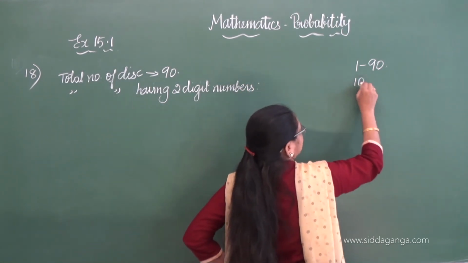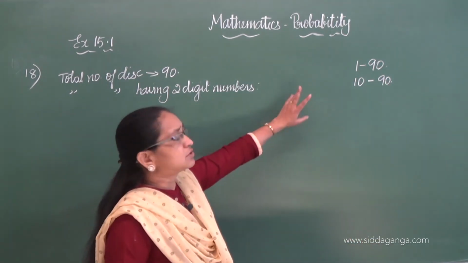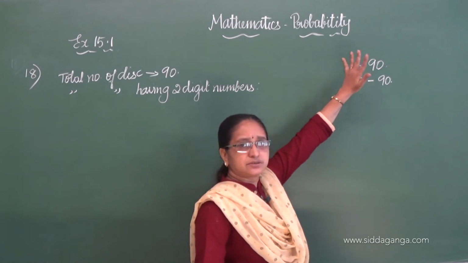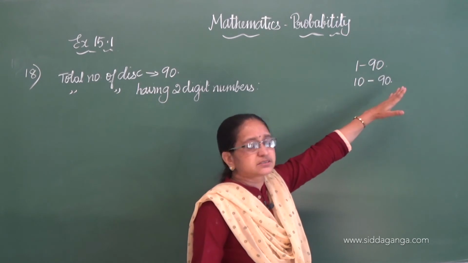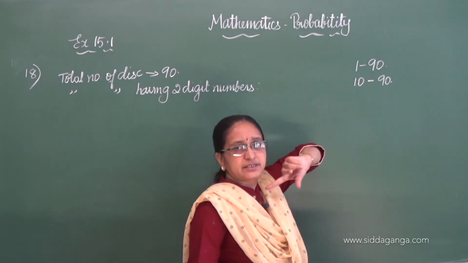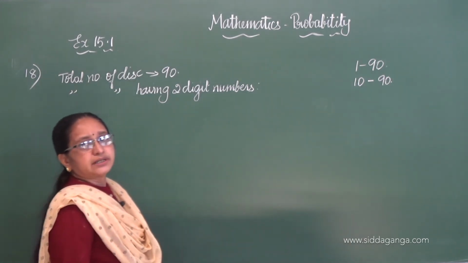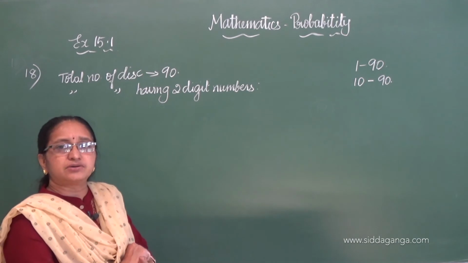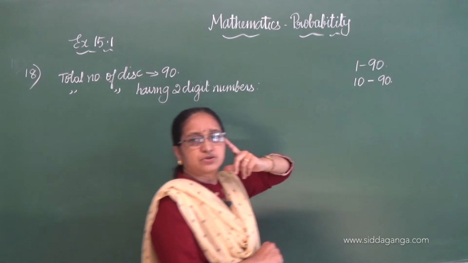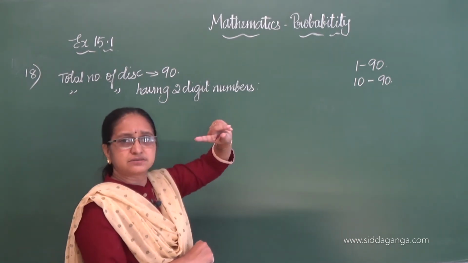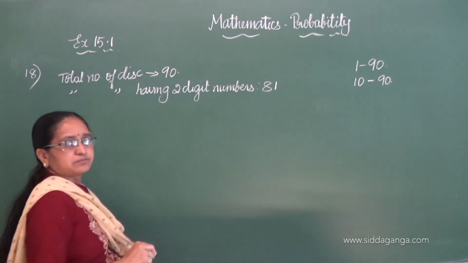A 2-digit number will start from 10 up to 90, so 1 to 9 you have to leave off. To find how many, 90 minus 10 is 80, and you have to include 1 because you have to include both 10 and 90. So 90 minus 10 plus 1 is 81.